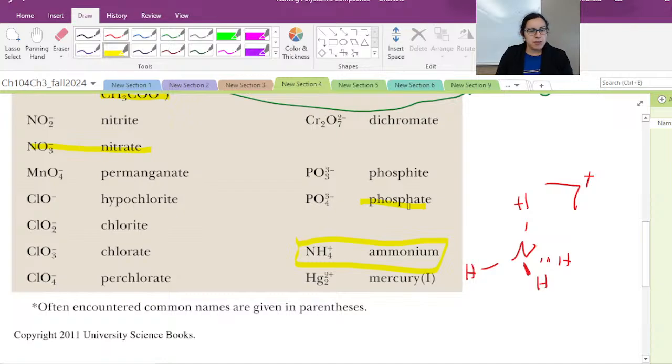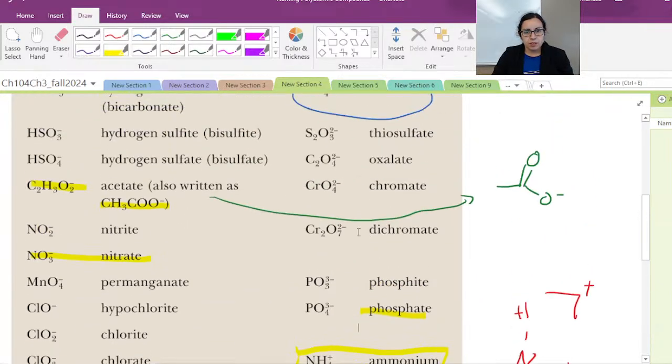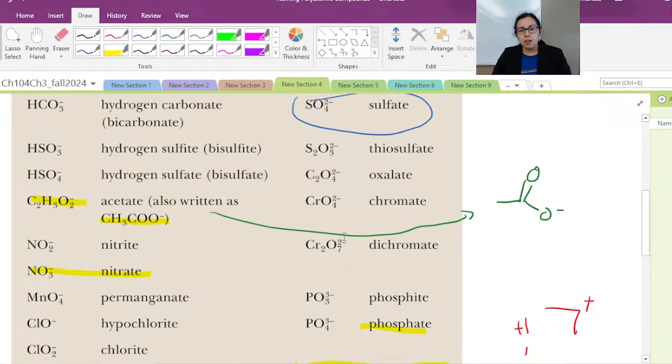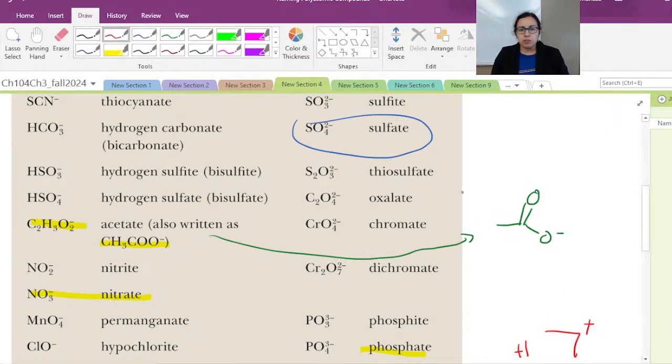Phosphates are pretty common as well, just to give you an idea. And then watch out for these chromates. These can confuse people too. A common compound you'll potentially see is potassium dichromate, K2Cr2O7, 2-.